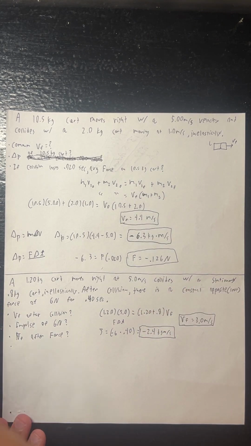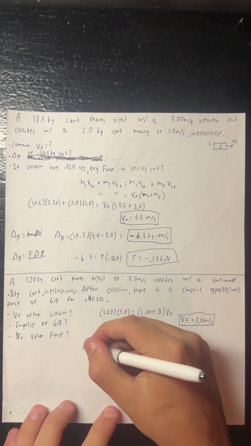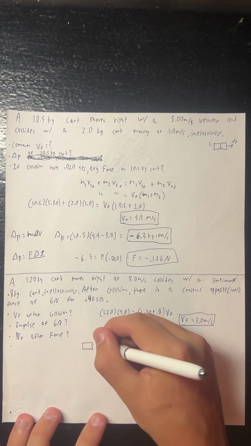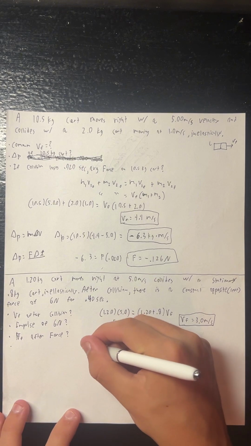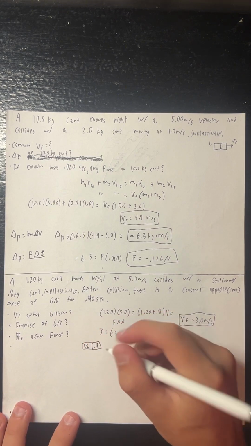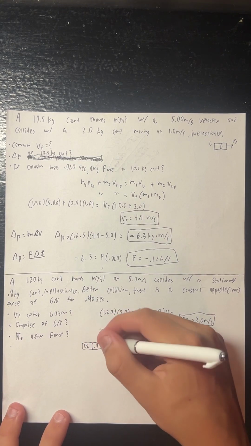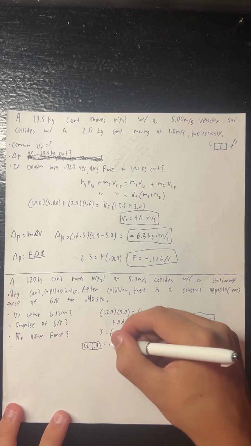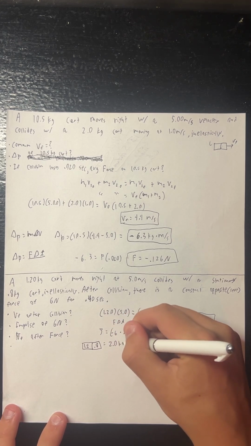Now, the last one asks, what is the VF after the force is applied? Once these collide, they stick together, so these masses, 1.2 and 0.8, together equal a total mass of 2.0 kilograms.